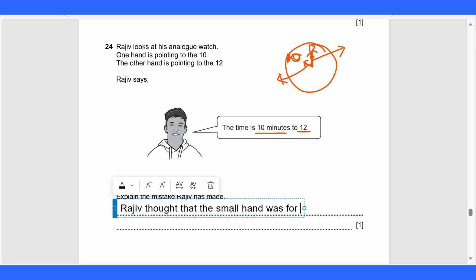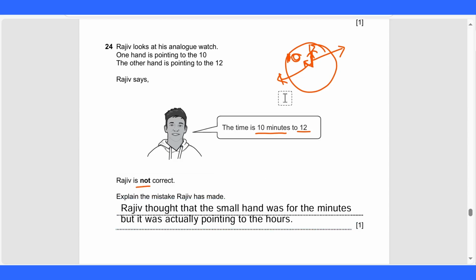Rajiv thought that the small hand was for the minutes, but it was actually pointing to the hours.